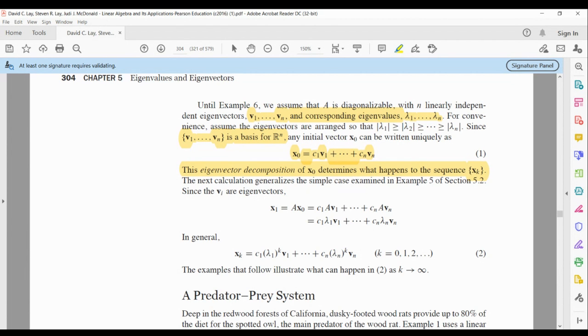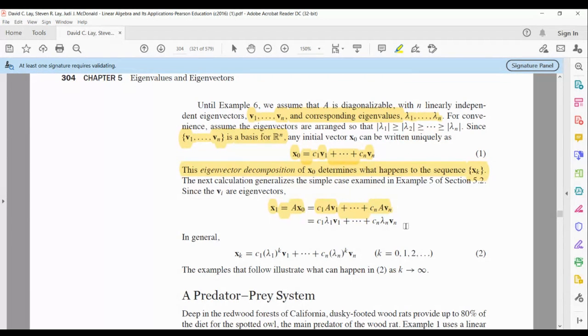But what we want to do here is make clear that we can model the evolution of a system using the eigenvector and eigenvalue decomposition, where x sub 0 equals that linear combination of eigenvectors. The reason is that x sub 1 equals A times x sub 0, and so that can be written as c1 times A v1 plus c2 times A v2, and so forth, plus cn times A vn.